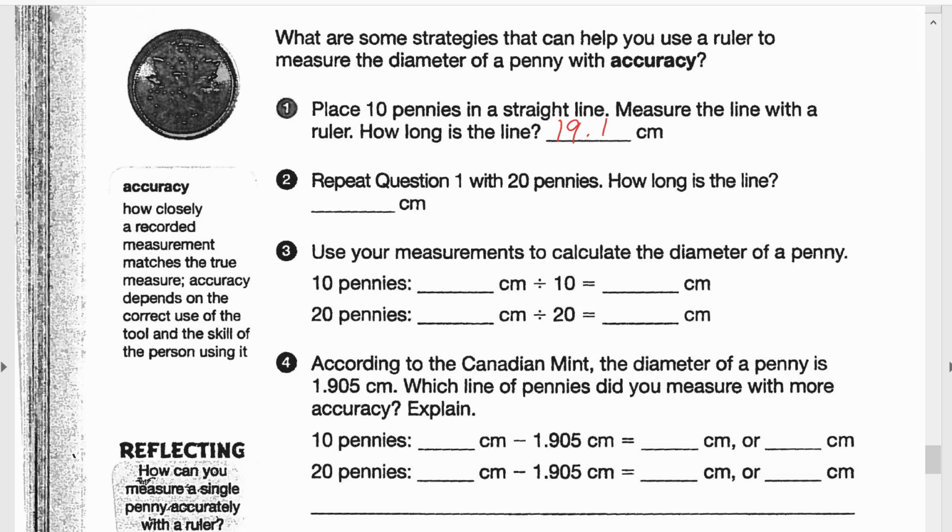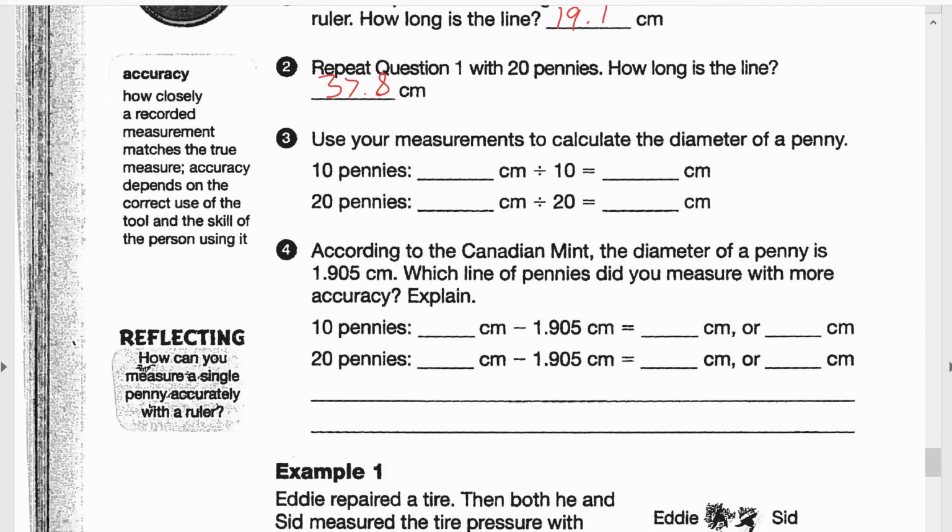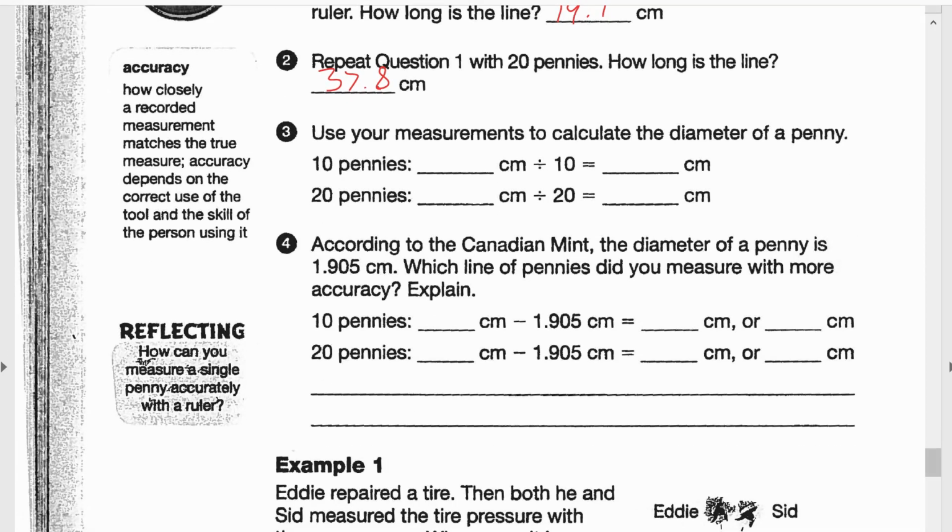Repeat question 1 with 20 pennies. How long is the line? So 37.8 centimeters. Use the measurements to calculate the diameter of a penny.